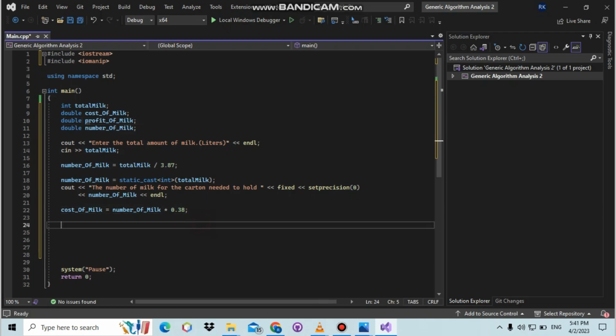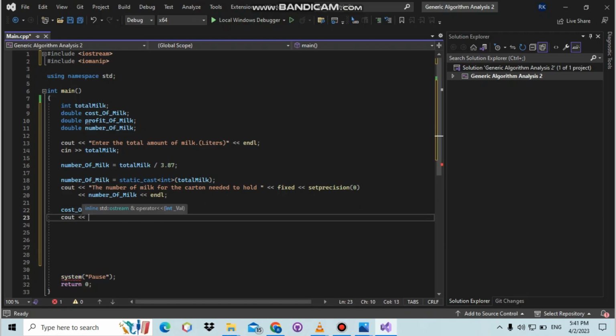Awesome. So after this, the same thing applies here. We'll see how much the cost to produce this is. So after this I'm going to say cout the cost to produce number of milk cartons is.